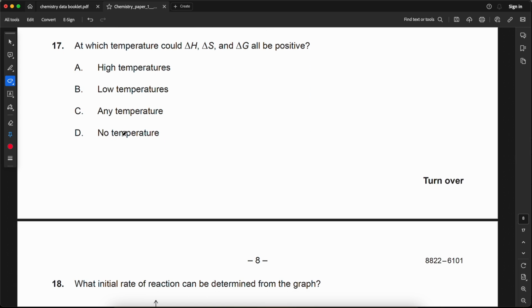At which temperature could delta H, delta S, and delta G all be positive? Delta G is delta H minus T delta S. At low temperature, if both delta H and delta S are positive, T delta S will be smaller than delta H. So the process will be non-spontaneous.